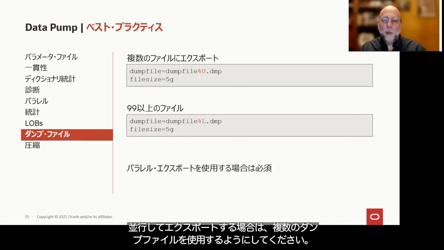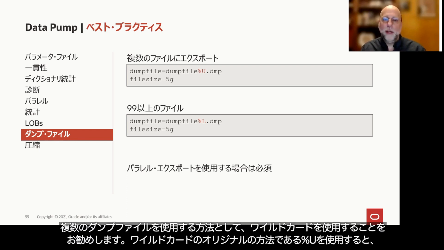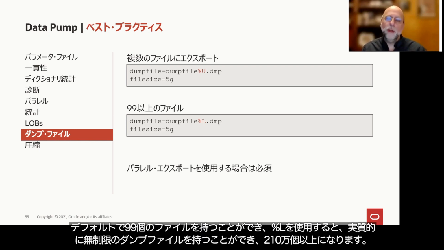When you are exporting in parallel, please make sure that you're going to use multiple dump files. We like to wildcard as a way to have multiple dump files because that allows you to have up to a default of 99 files with %U, that's the original way of wildcarding, or with %L, a practically unlimited number of dump files. It goes up to just over 2.1 million.